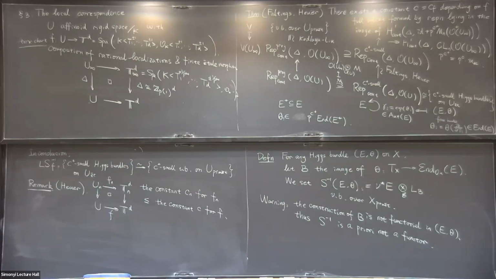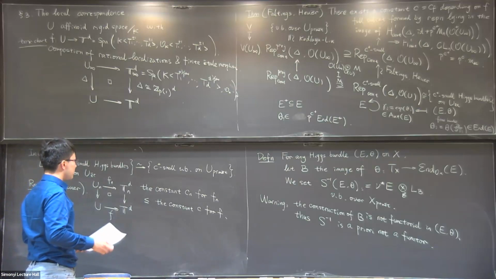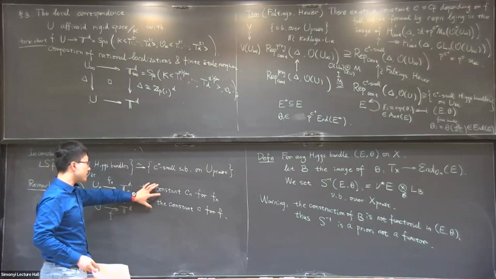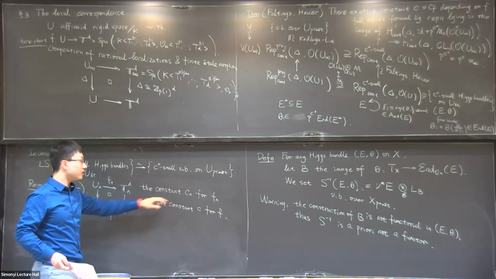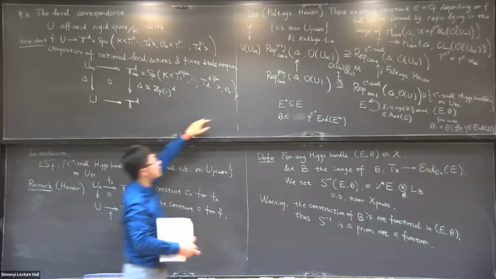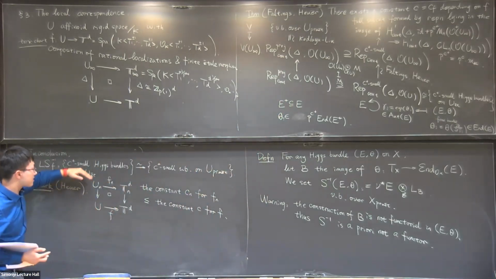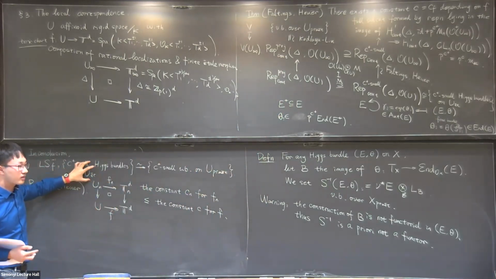I'm confused. Why doesn't this remark mean you get to remove the smallness? If I couldn't get control of the constant here, you start from a representation over U and consider its restriction to the smaller Galois groups.